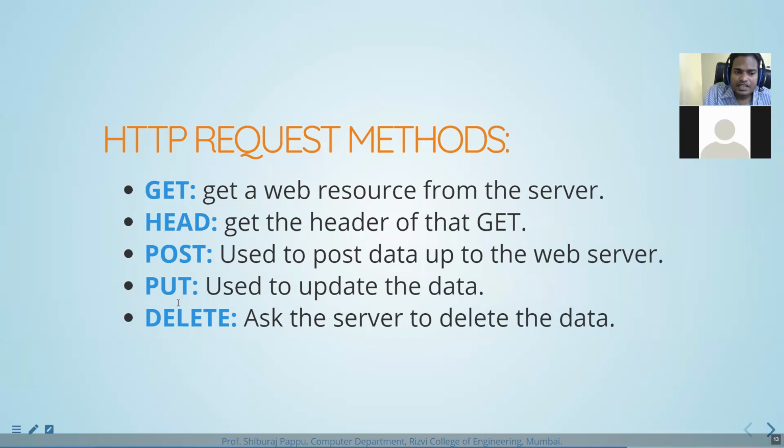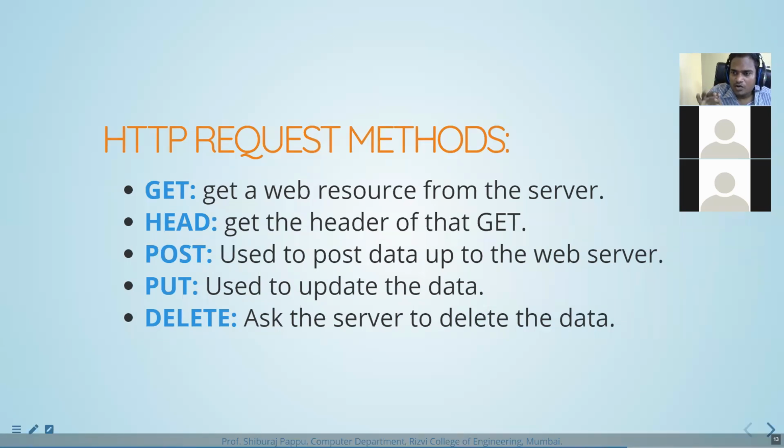Then there is something called put. Put is there to update that particular resource that is created using post. For example, you have a file on the server, let's say your DP image is there on the server, and you want to update it.